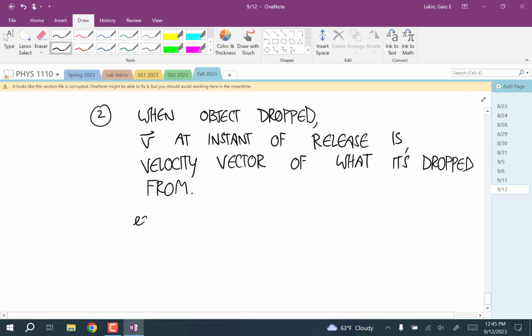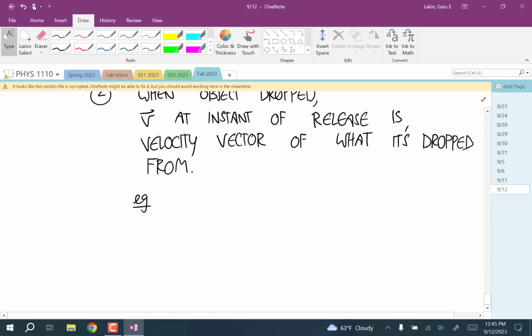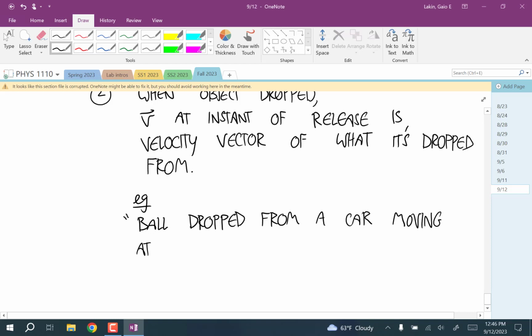Okay, so for example, let's say that a ball is dropped from a car that's moving at 20 meters per second. What's the velocity vector of the ball when it's dropped?